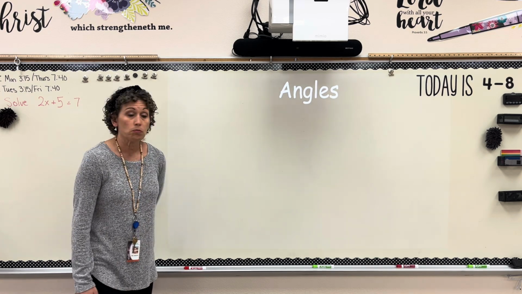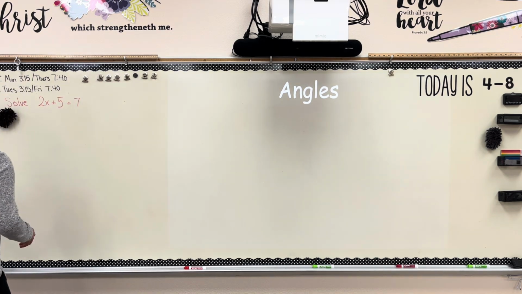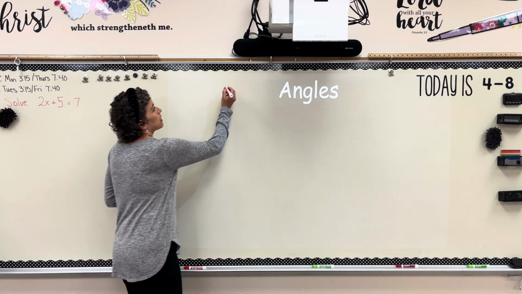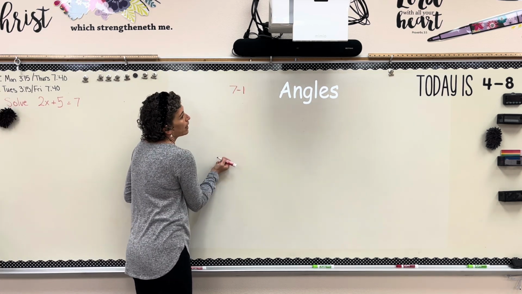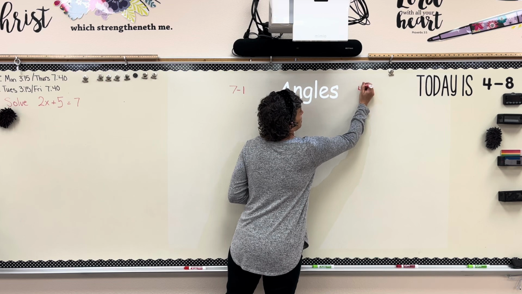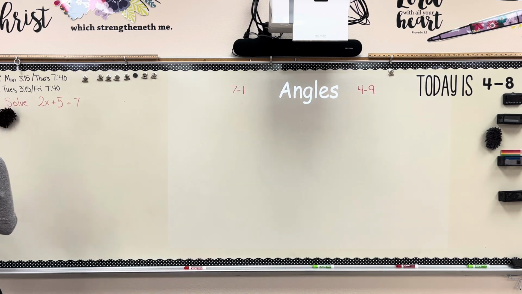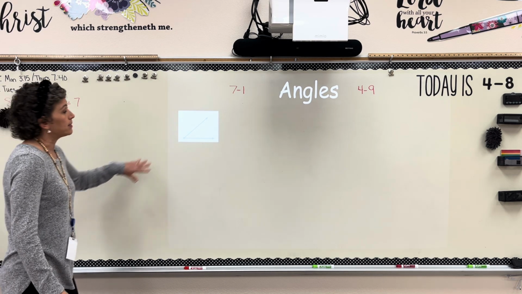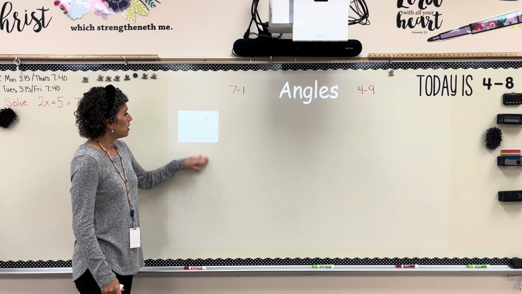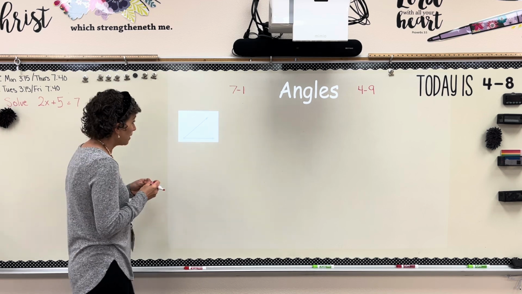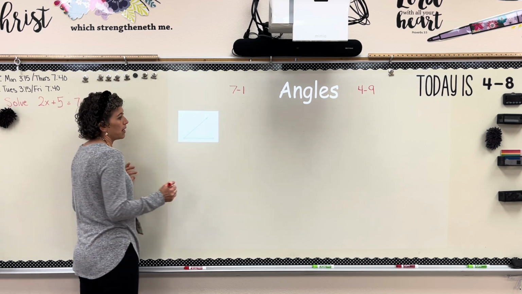Alrighty, so in your notebooks, you're going to write this down now. This is angles. This is section 7-1, and the date is April 9th. The first angle you're going to write down is this one. We have covered this in 5th grade and 6th grade, so we're going to cover it one more time.